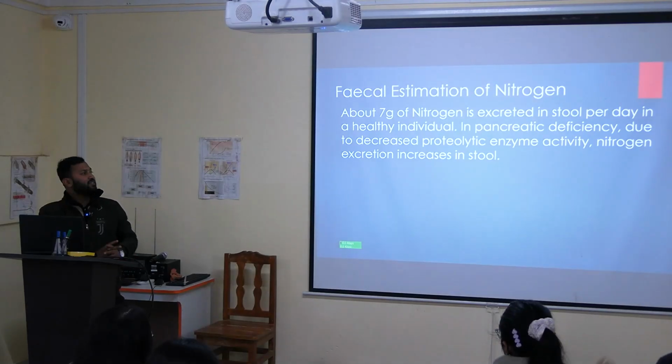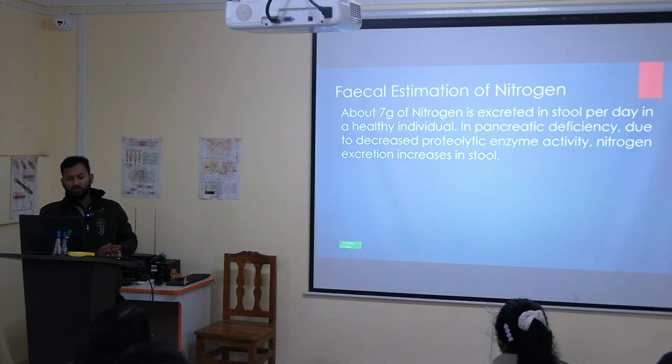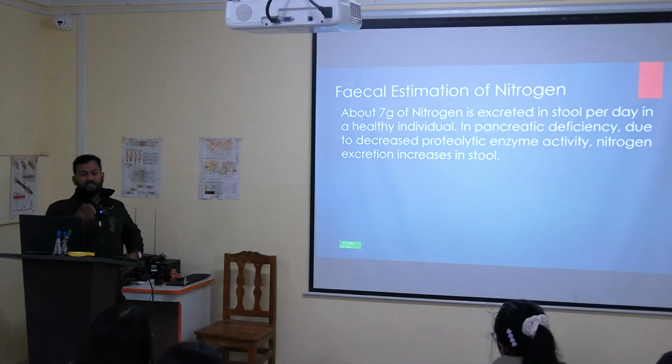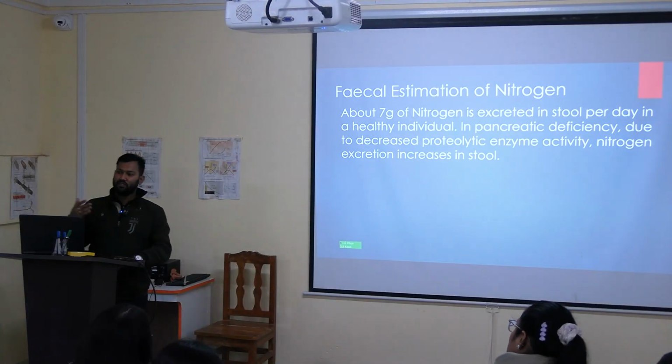The pancreatic secretions break down the proteins, but if there is insufficiency in the production of these enzymes by the pancreas, then that much protein will not be broken down. So the nitrogen excretion will be more inside the stool, meaning these are not absorbed.